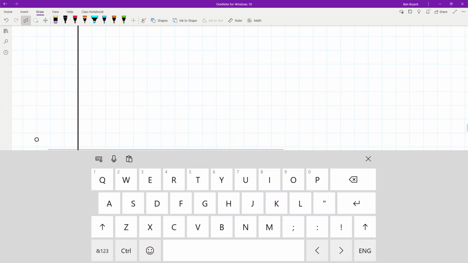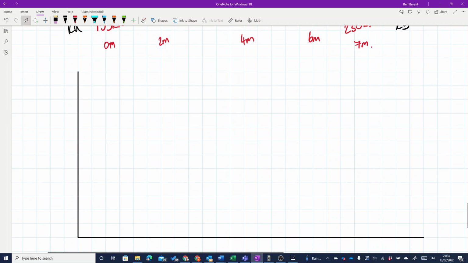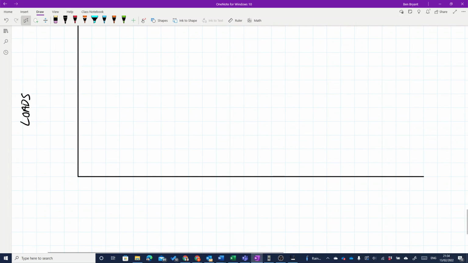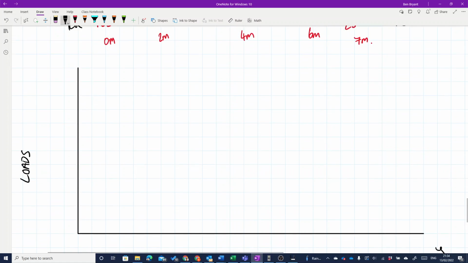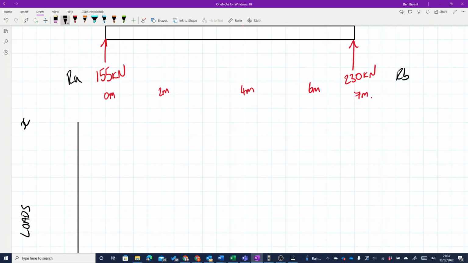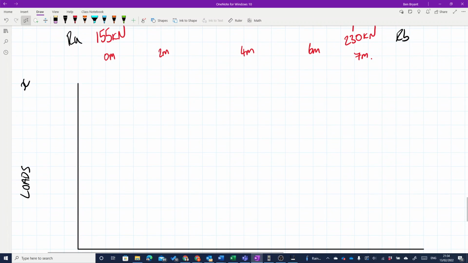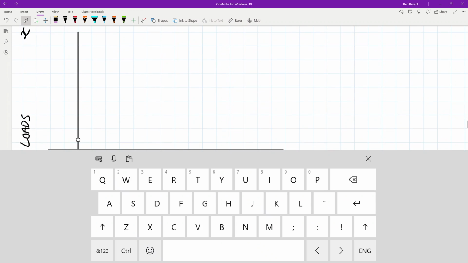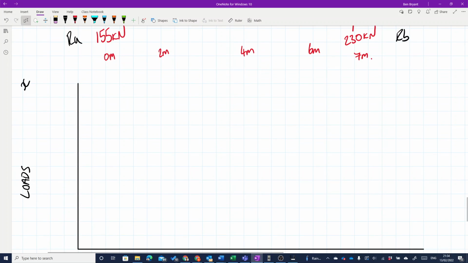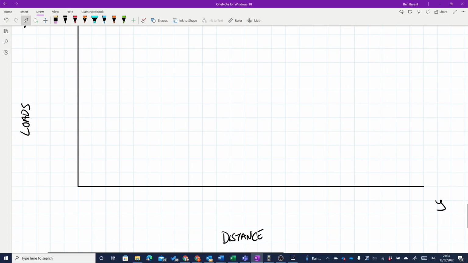And this side of my line will be my loads, and down the bottom my X will be my distance. What I probably should have done is get it properly lined up, but that's okay.